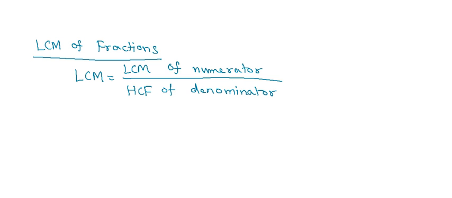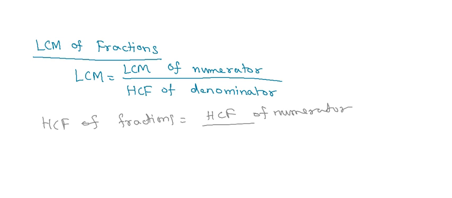Now let's see how to find out the LCM of fractions. To find the LCM of fractions, we have to use this formula, that is, LCM of numerators by HCF of denominators. For HCF we had HCF of fractions equals HCF of numerators divided by LCM of denominators.